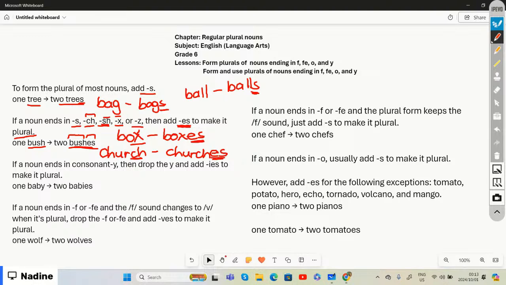And that is to make it plural. Right? So that is a few examples of nouns that end with s, ch, sh, x, or z. And then all we have to do is add an es to those words to make them plural, to show that there's two or more of those things.